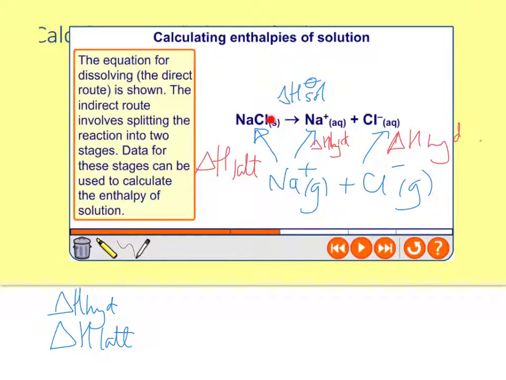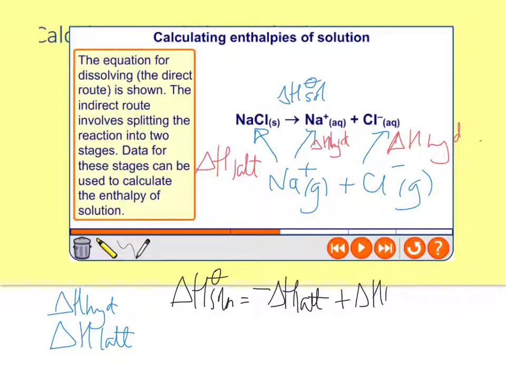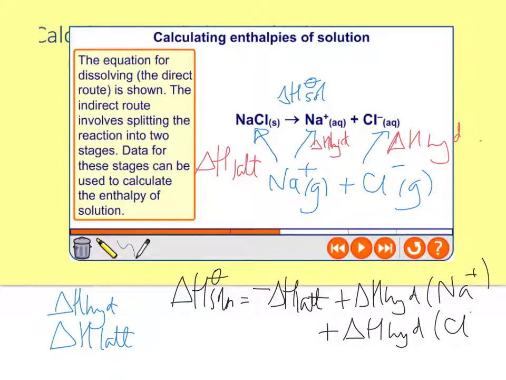So start at the non-arrowhead, we're going backwards along here, so delta H solution is going to equal minus delta H lat, and then remember that we are going with both of these arrows, so it's plus delta H hydration for Na+ and plus delta H hydration for Cl minus. Okay, so I will show you that with the numbers on the next slide up.